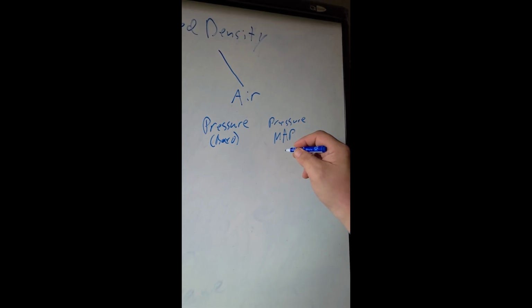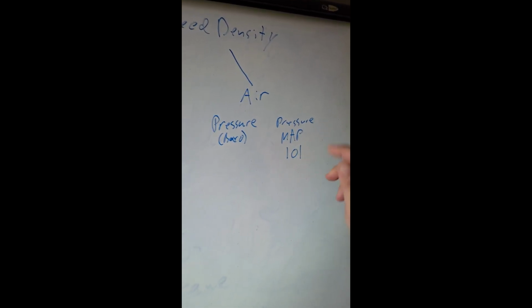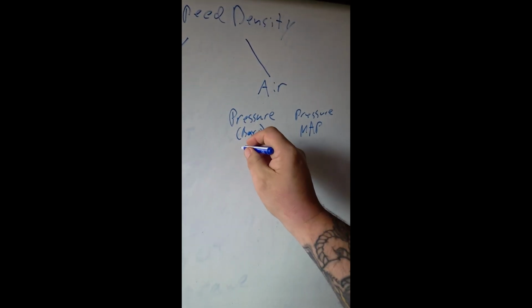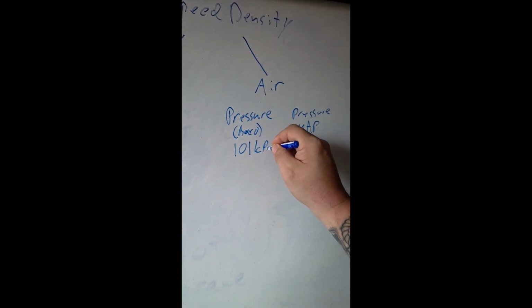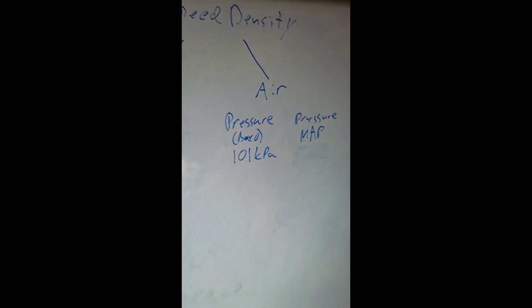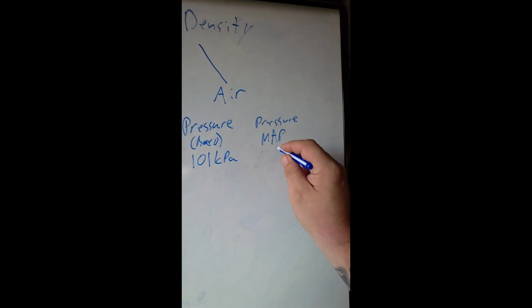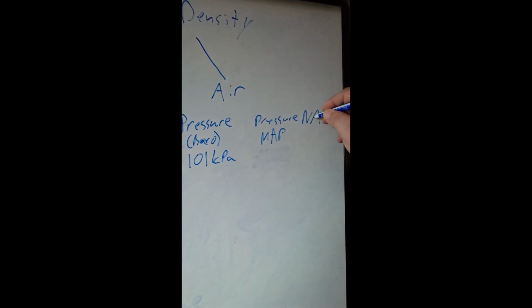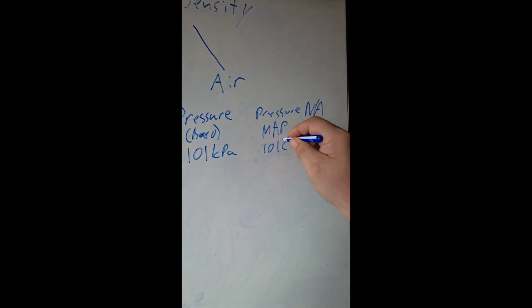And so if I say the barometric pressure is 101 kilopascals, which is the unit we're going to use, I know that the maximum possible manifold air pressure in a naturally aspirated engine can only be 101 kPa.